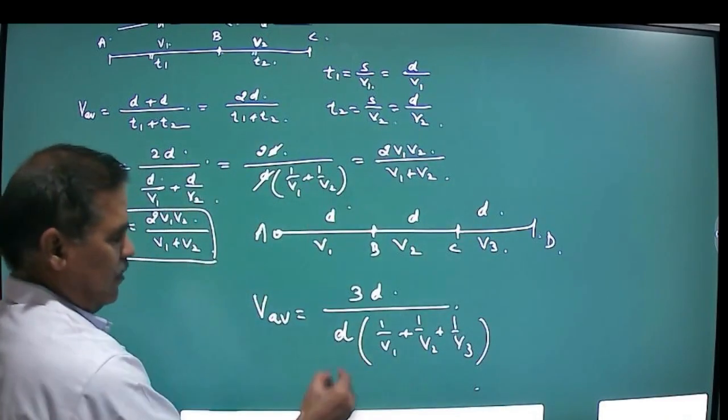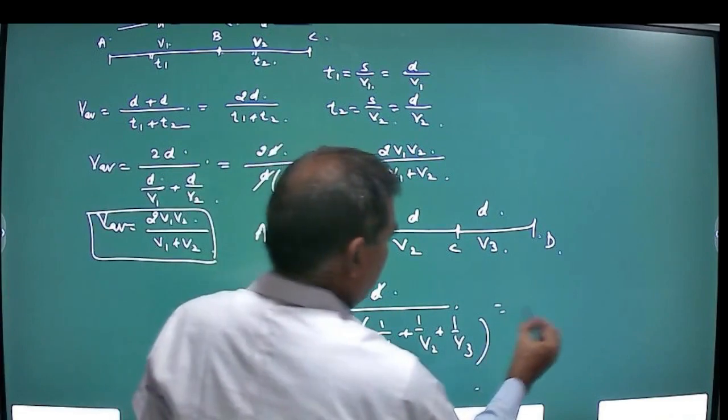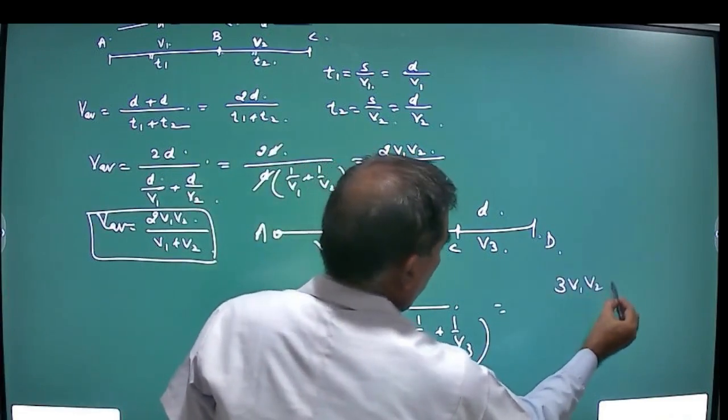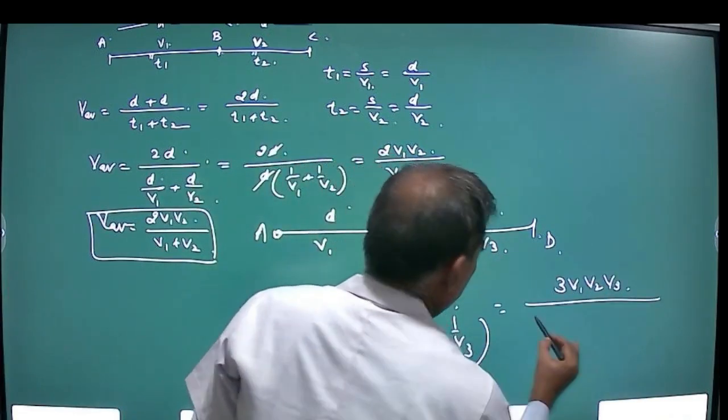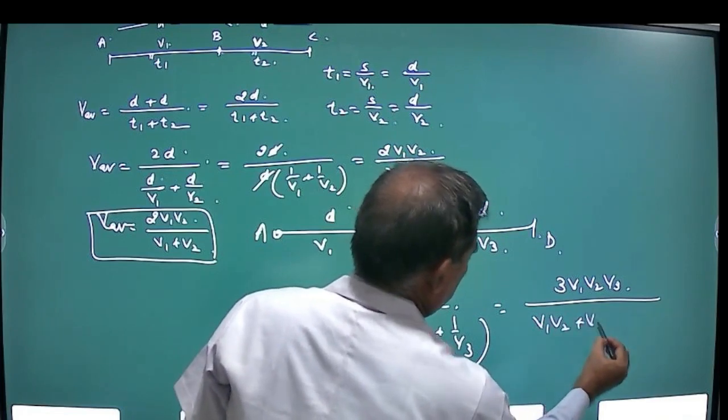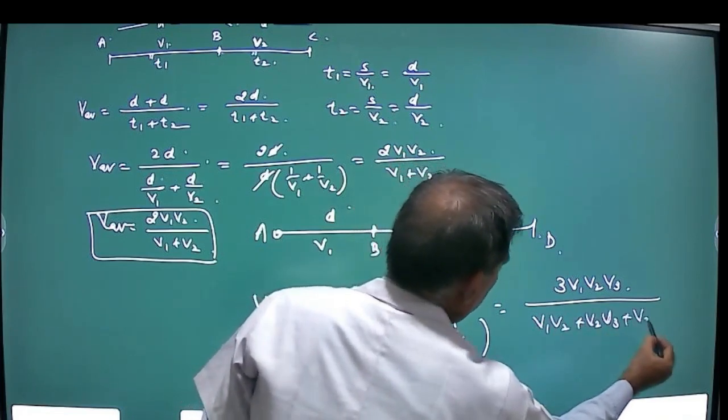Same formula. So D and D cancel, and you will get 3V1V2V3 divided by (V1V2 + V2V3 + V3V1).